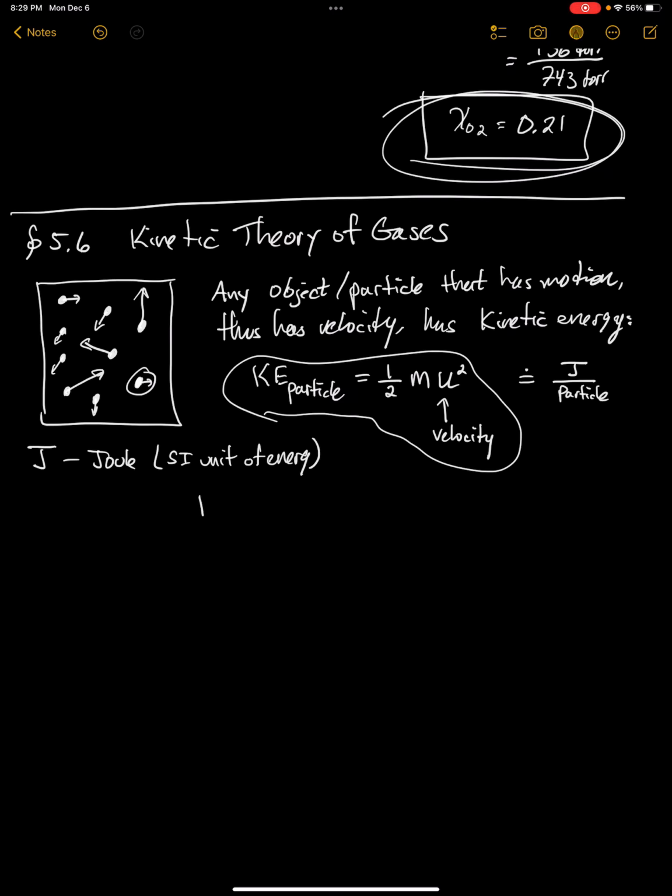And so we would then say that the kinetic energy of a mole of our system of particles is equal to Avogadro's number, capital N sub A. And so this is the number of particles per mole. And this is what's equal to 6.02 times 10 to the 23rd particles per mole.